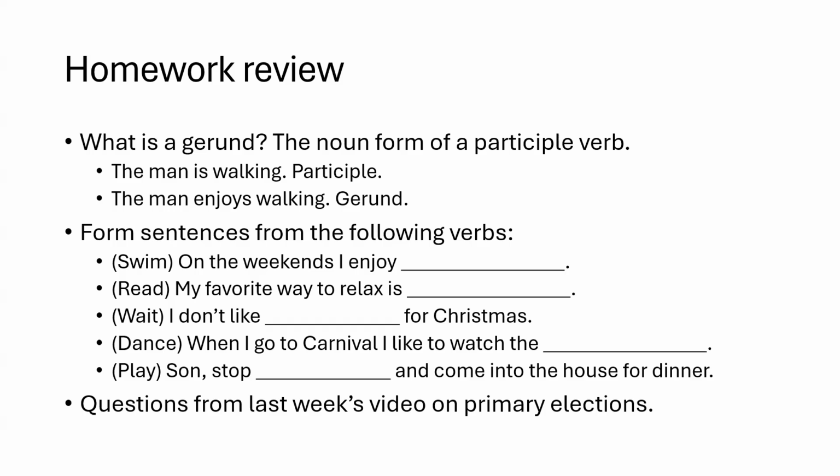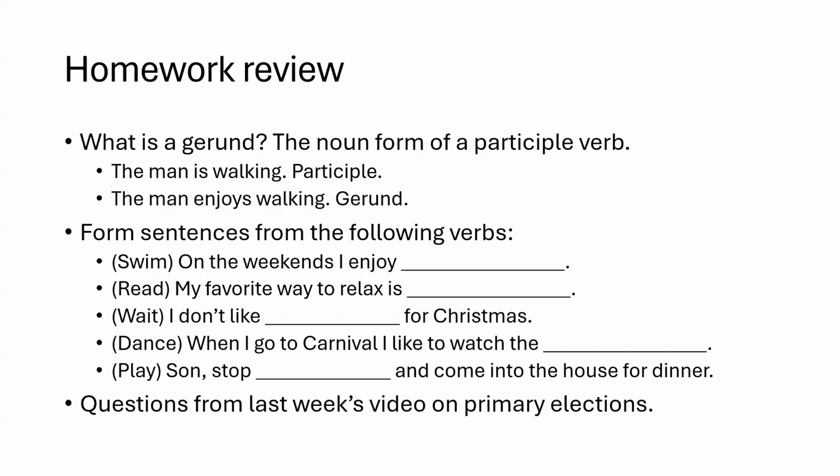So a gerund is the noun form of a participle verb. So if the participle is the word walking, then the gerund looks the same. It's walking, but it is a noun form. So in this example, we have the man is walking. That's a participle.